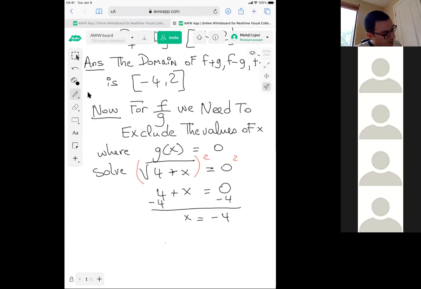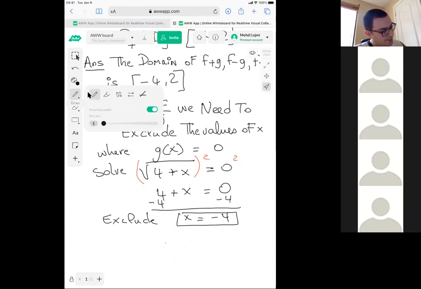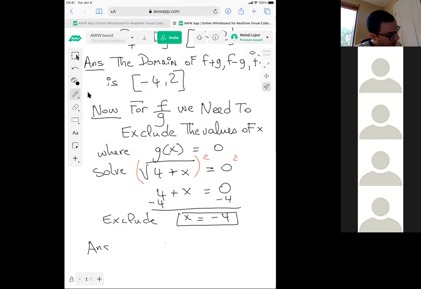So we need to exclude x equal to -4. So then the answer for the domain of f over g: you see here, this is the domain of f plus g, f minus g, f times g. So the -4 here is included. Now for f over g, we need to exclude the -4.